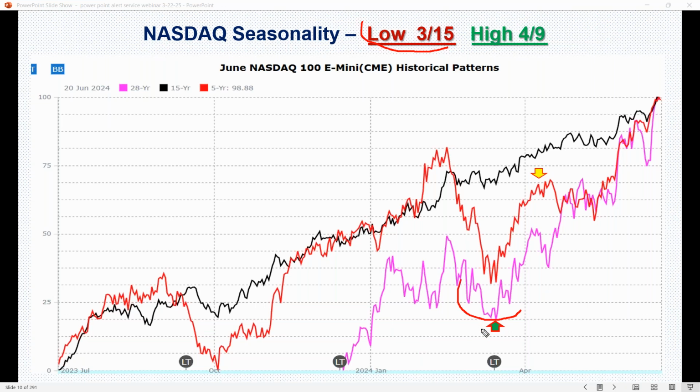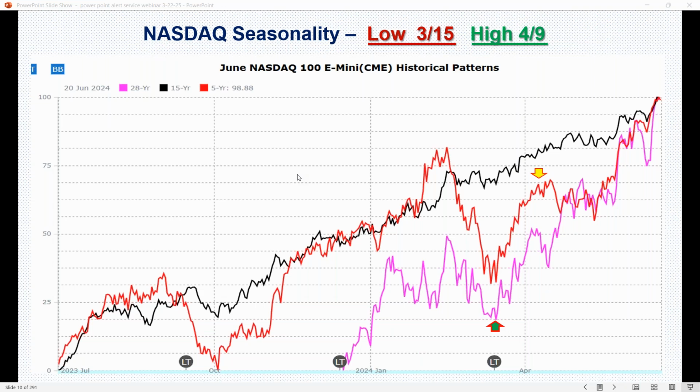So a really strong seasonal trend there as well. Again, into around the 9th of April, and then continuing up into May. So these are things that can add support to the market once we have some of these other uncertainties and events taken out of the market. This is going to be a real big plus.